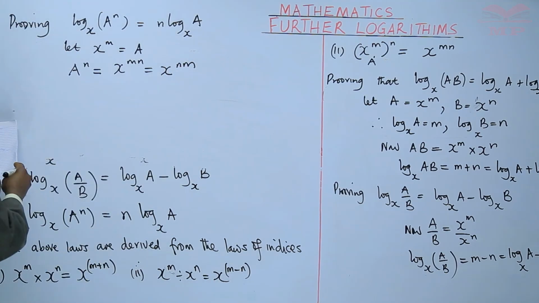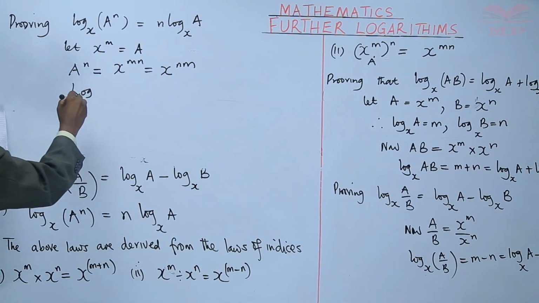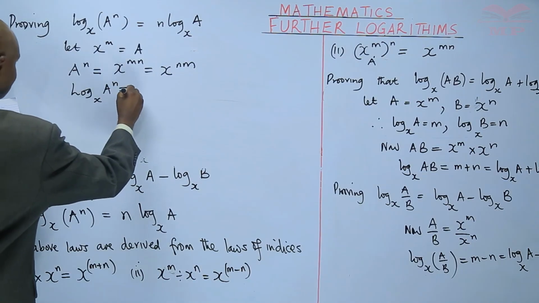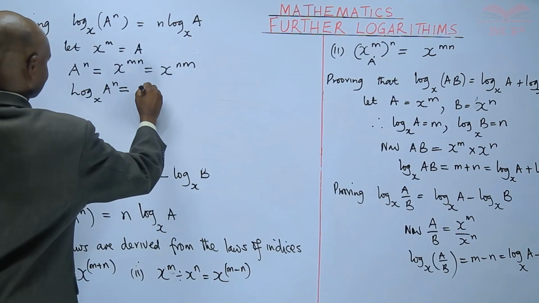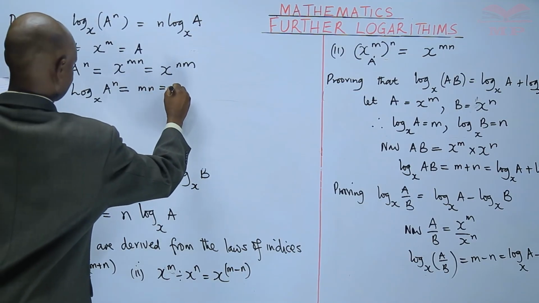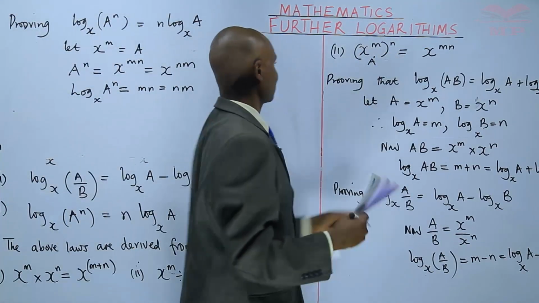So from there, you can get the logarithm. Logarithm to the base x of a raised to n will be equal to mn or nm. Just what we are getting there.